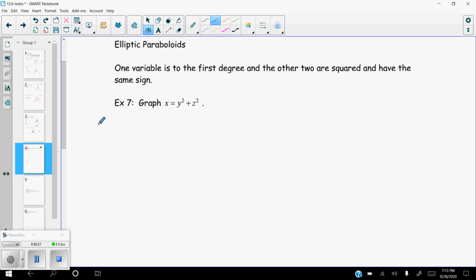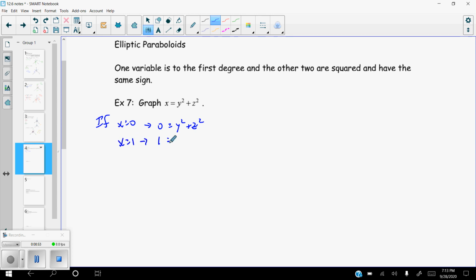So let's let x equal 0. If x equals 0, that gives us the equation 0 equals y squared plus z squared. Well, technically that's a circle with a radius of 0, so it's really not a circle at all, it's just a point. But what happens if we let x equal 1?